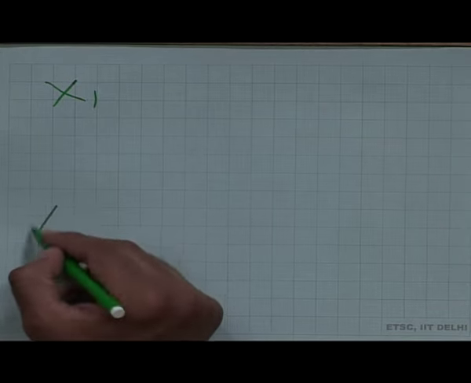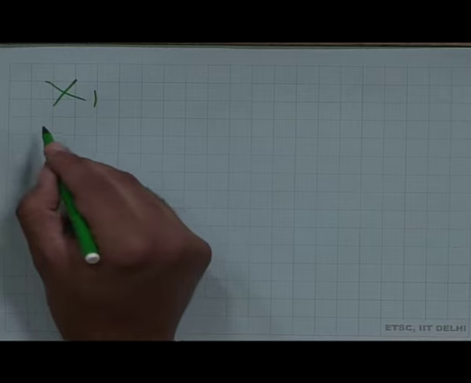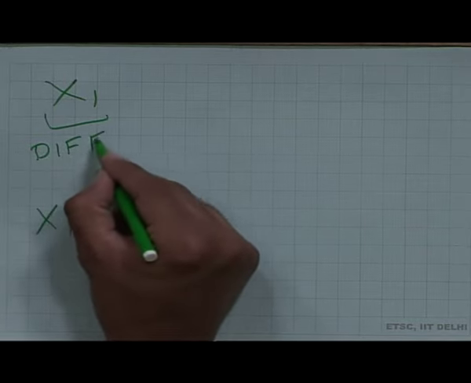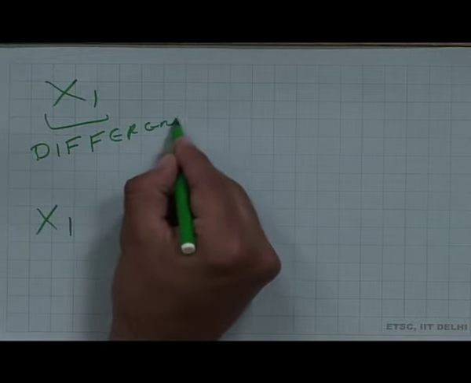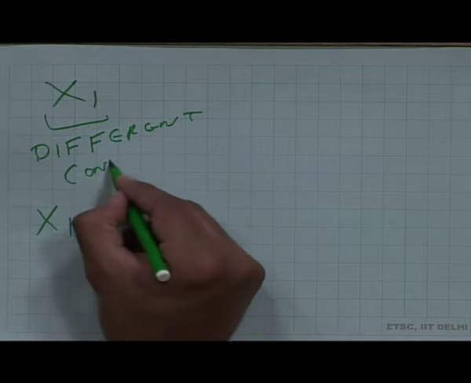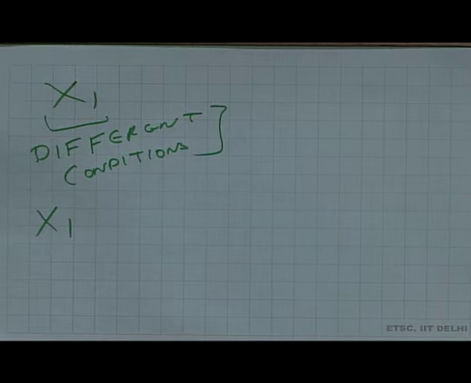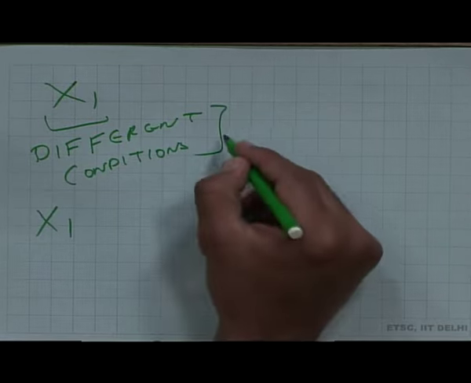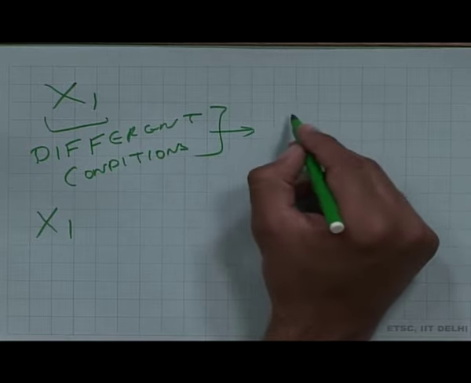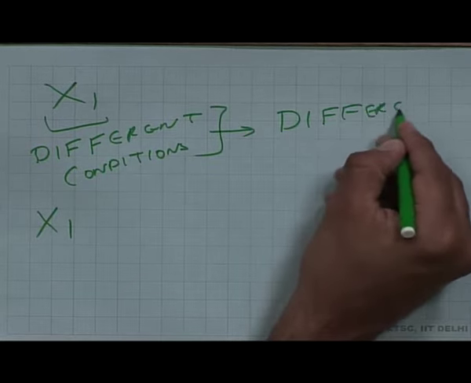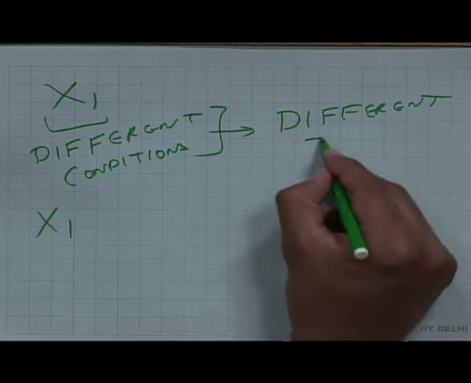Let us say you have an x 1 and x 1, but what you have is different conditions. What do these different conditions mean? These different conditions mean different. Okay. What can this different be?